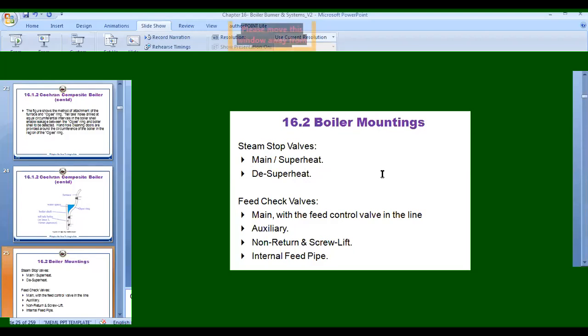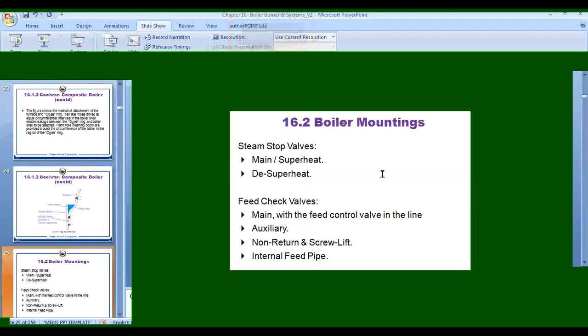What is a de-superheater? Then you have the feed check valves, that is for the feed water. You have the main feed check valve with the feed control valve in the line. The feed control valve will be controlling the amount of feed water being given to the boiler as per the steam consumption, so it will tend to maintain the required level.